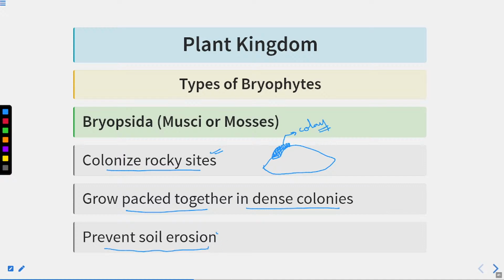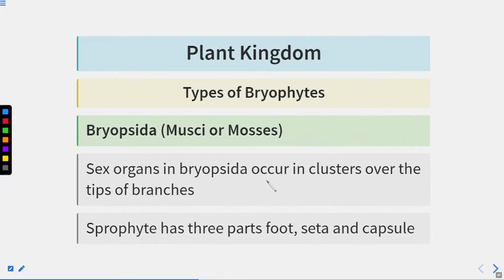And it prevents soil erosion, because when they grow on the soil, it is so compact that they do not allow the top layer of the soil to get eroded by the agencies of erosion like water and wind, right? They hold the soil particles tightly and do not expose the upper surface of the soil, because they are so compactly present. So this is one of the benefits of this plant.